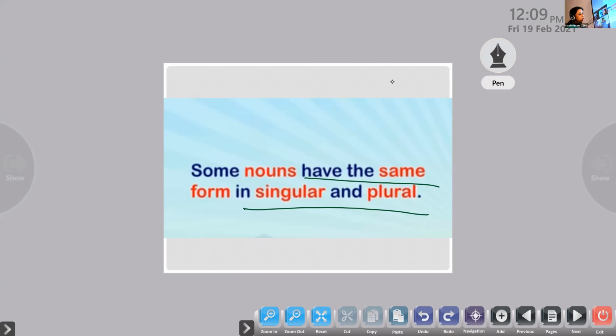There are quite a few words, but let's learn three words. There are some nouns that have the same form in singular and plural. Those words are sheep, fish, deer. For singular and plural, they have the same form. Okay, now that rule is over.